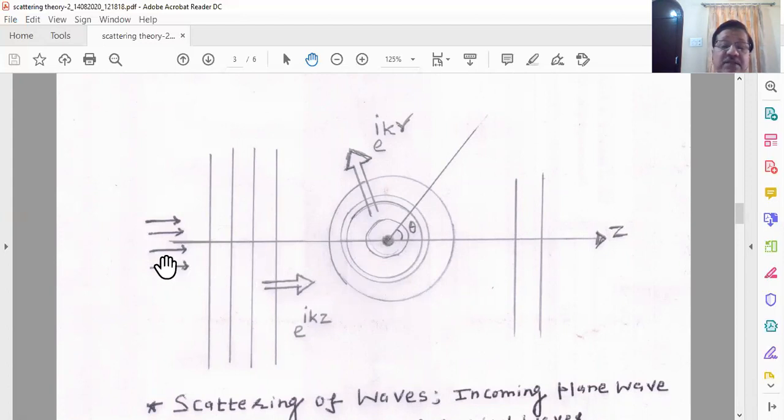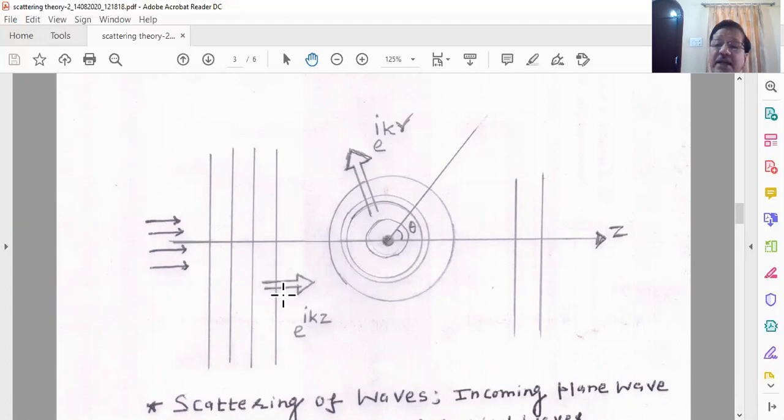The plane wave is expressed as e to the power of i k dot r, where k is known as the propagation vector.